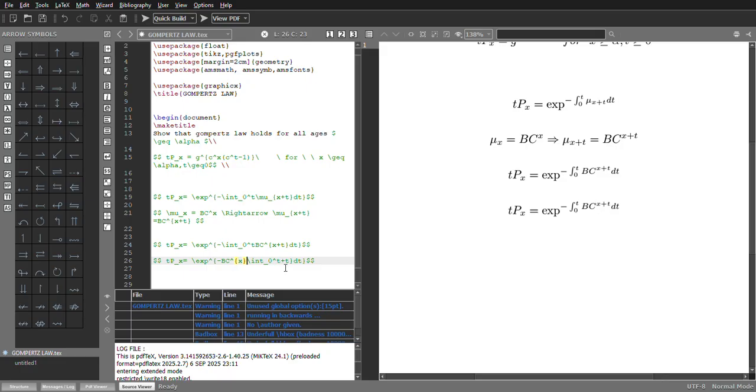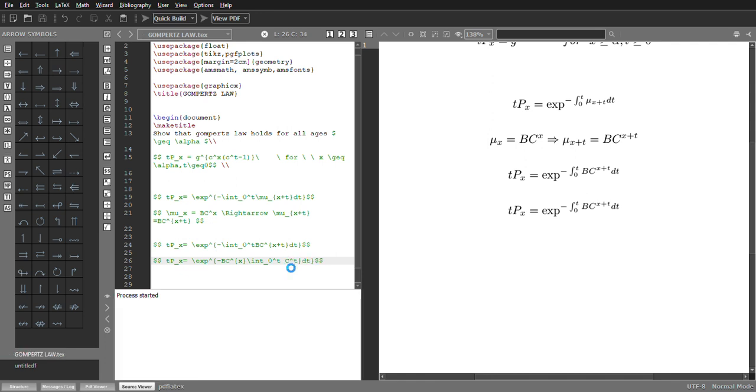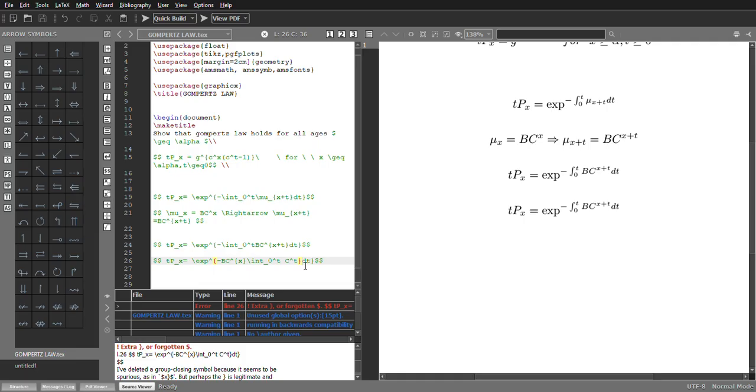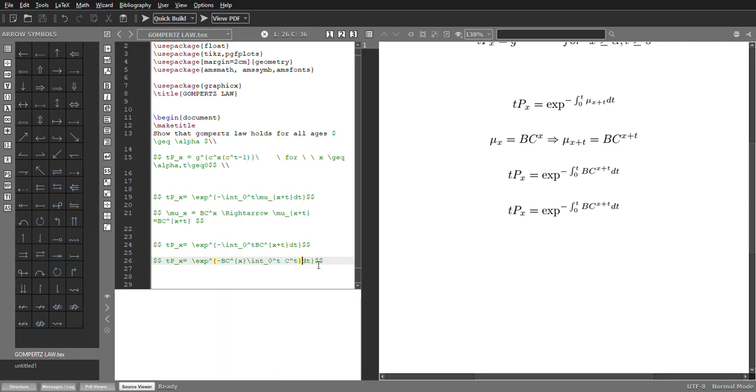So we'll be integrating. There is an extra term here, so let's remove that.